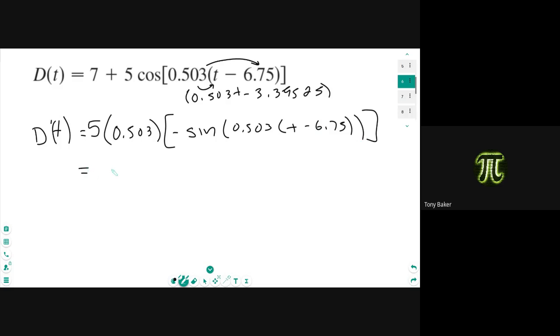So negative 2.65 sine... so there's my derivative. Oh, that's not right. I missed a 0. That's wrong.